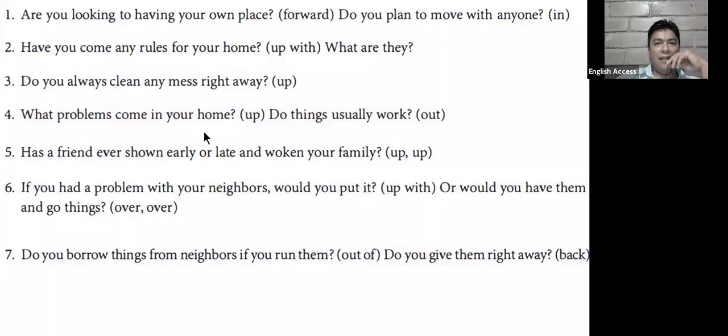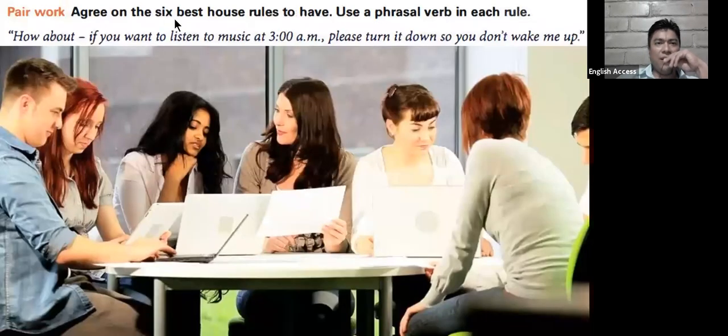All right. So agree on the six best house rules to have. Use a phrasal verb in each rule. Right now, there are nine of you, so can you please come up with at least one house rule and use a phrasal verb?